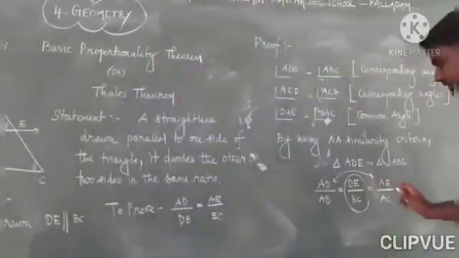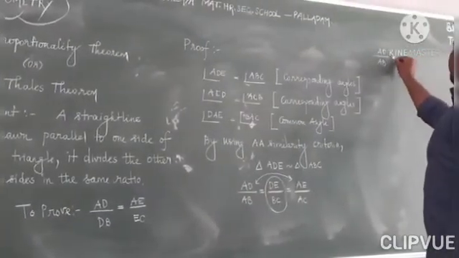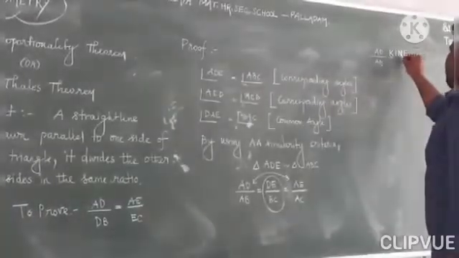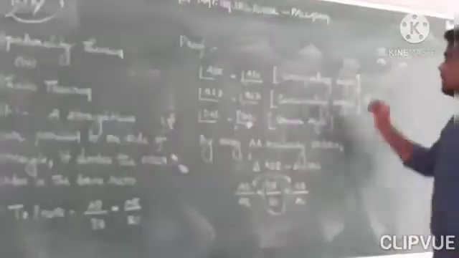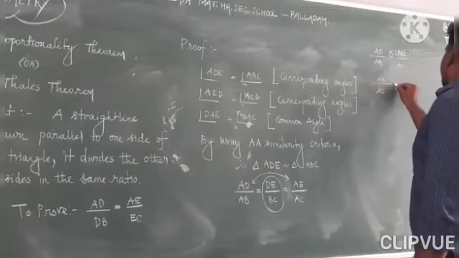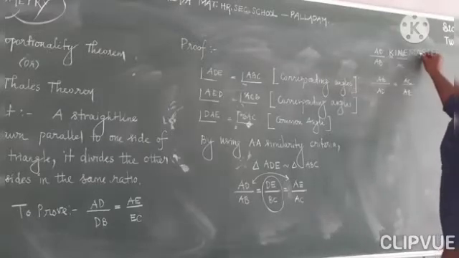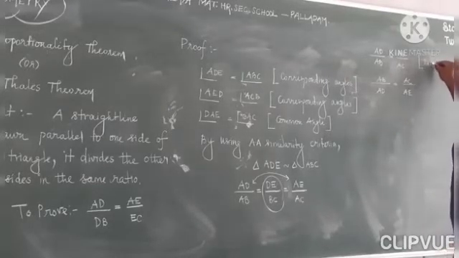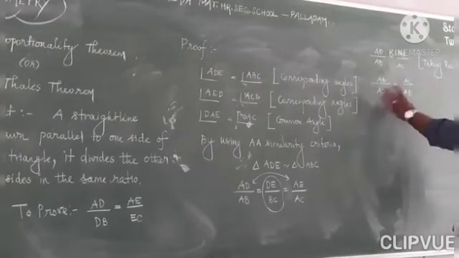So from 1 and 3, AD by AB is equal to AE by AC. If you take the reciprocal, it becomes AB by AD is equal to AC by AE. Taking reciprocal, okay, after taking reciprocal, it becomes this one.